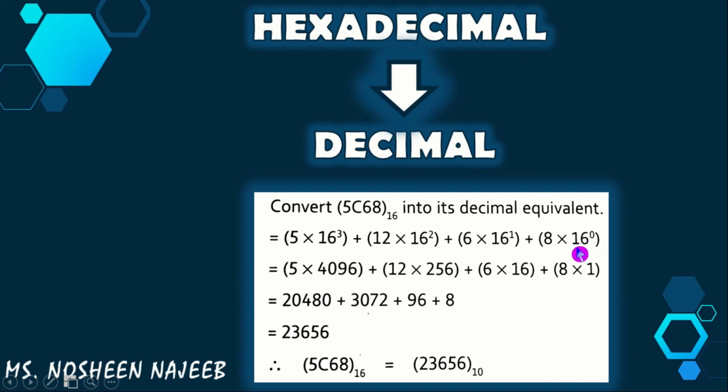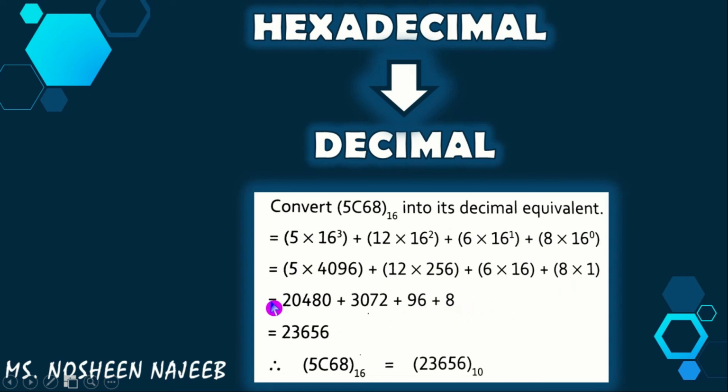Alright, moving to the next step, multiplying 5 with 4096, it will be 20,480. 12 multiplied with 256, the answer will be 3072. 6 multiply 16, 96. 8 multiply 1, 8.